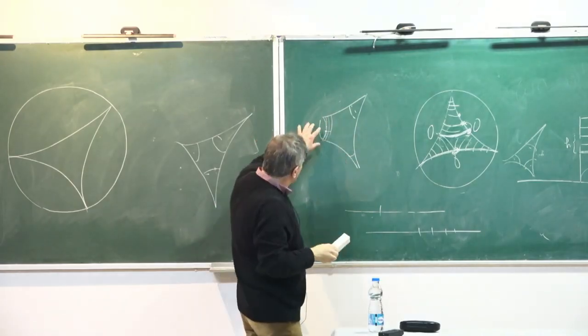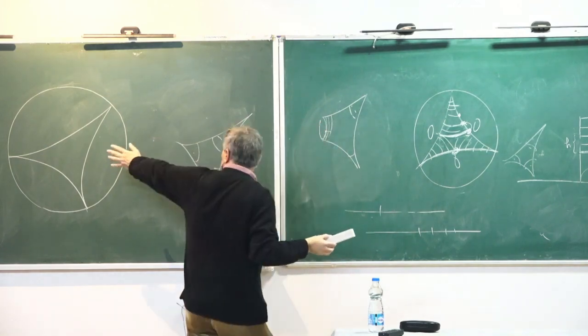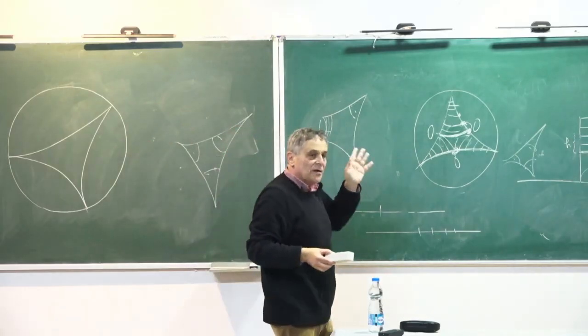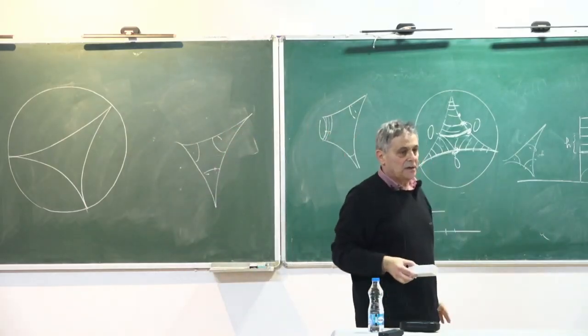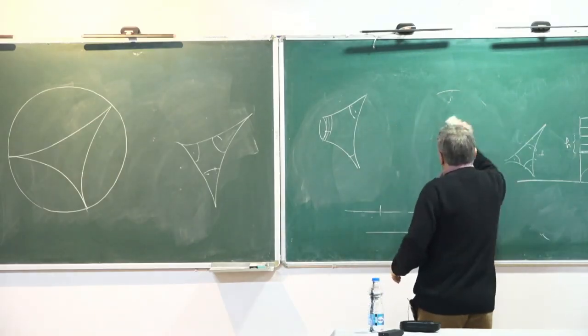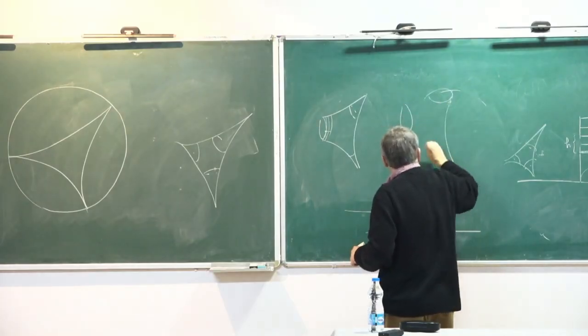So it's not a surface with boundary, because I had no boundary at all. But the completion of this surface is a surface with boundary. So there are three possibilities of the gluing. This is one. This is two.